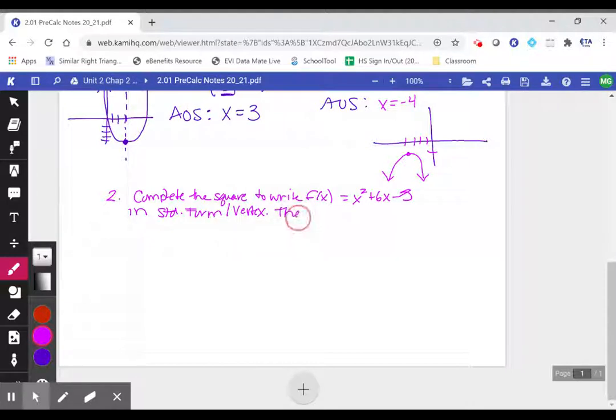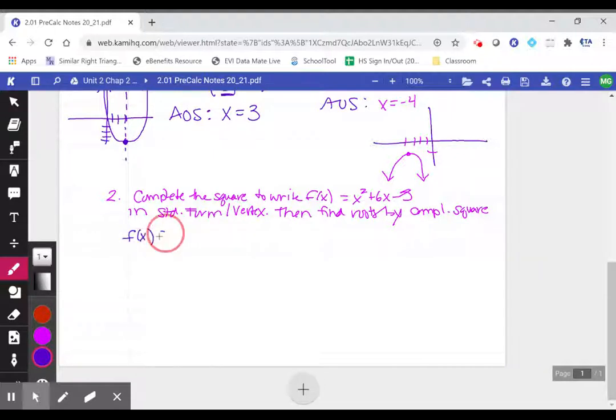Then I want you to find the roots by completing the square. So I don't want you to start all over and find the roots using quadratic formula or factoring if it's possible. I want you to use all the work you just did to find the roots.